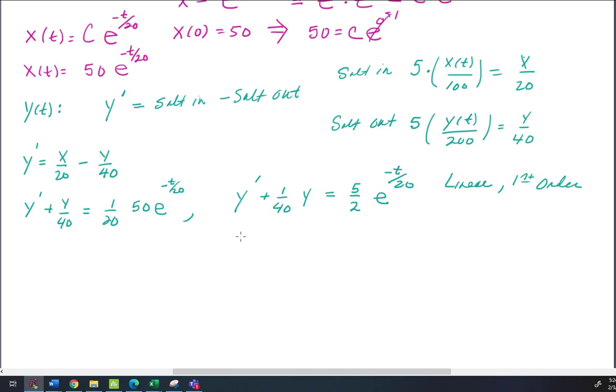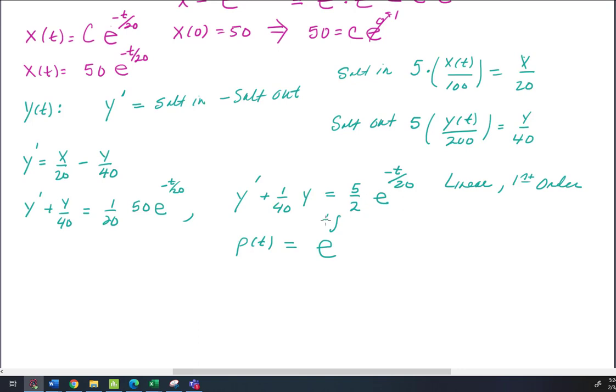And the procedure is we would find rho of t, that would be our first step. That's an integrating factor. And this would be e to the integral of p of t, the canonical form here. That would be the coefficient function of y.